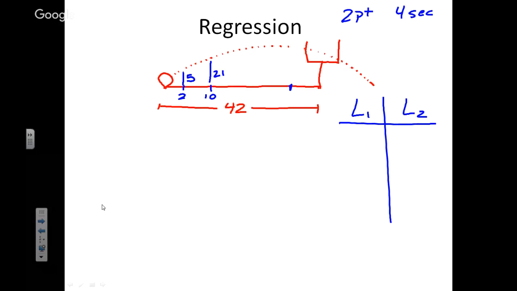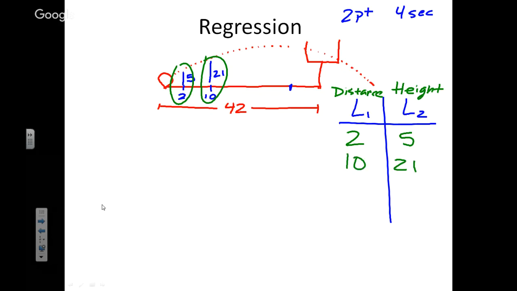So right here is the only time that we say the same thing more than once. We say after it's gone 2 yards. So this is my distance. This is going to be my height. After it's gone 2 yards, it's 5 feet off the ground. After it's gone 10 yards, it's 21 feet off the ground.